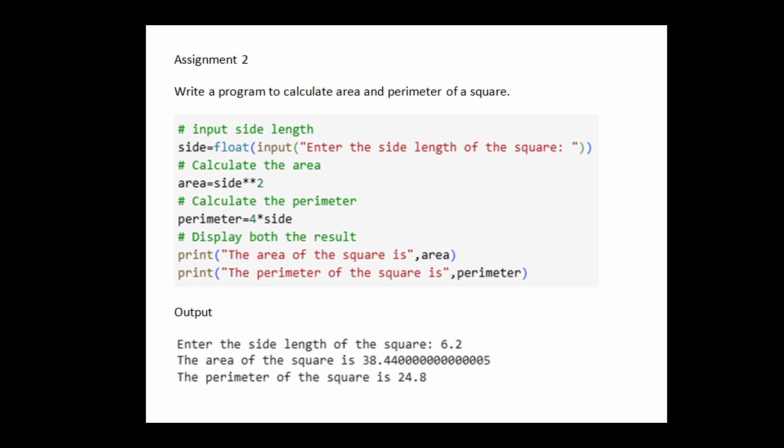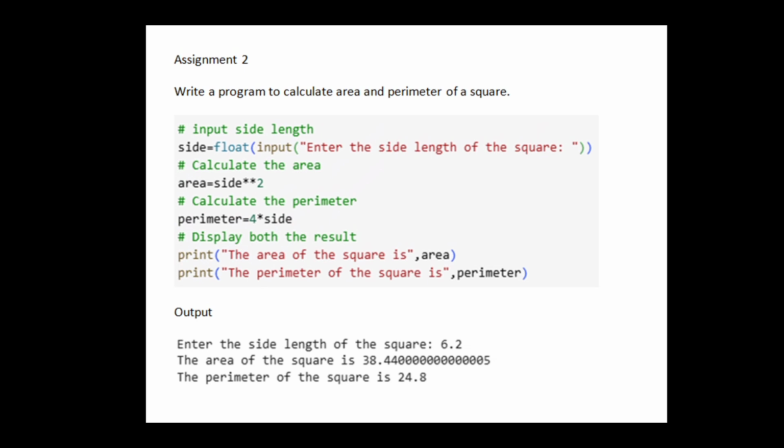When we ask the user to enter the side length of the square, the input function gets the number as a string and float converts it to a decimal number, and we store it in a variable called side. Then we calculate side squared, and that value is kept in a variable called area.